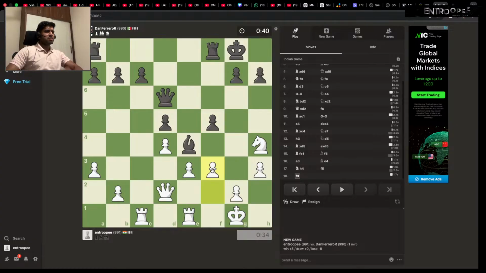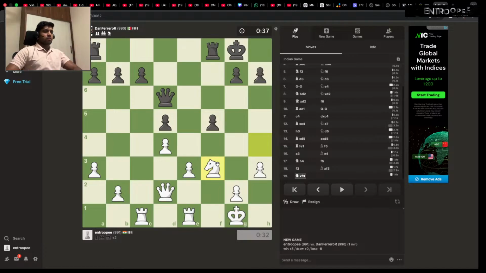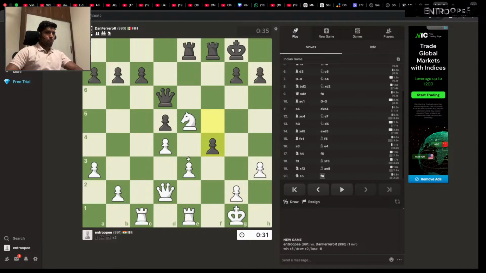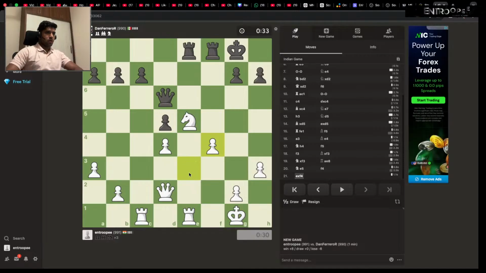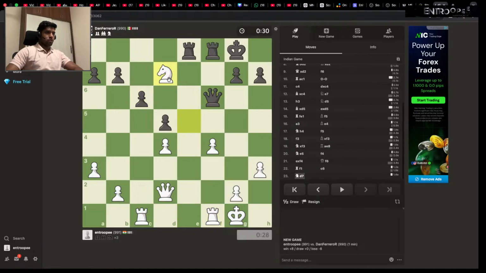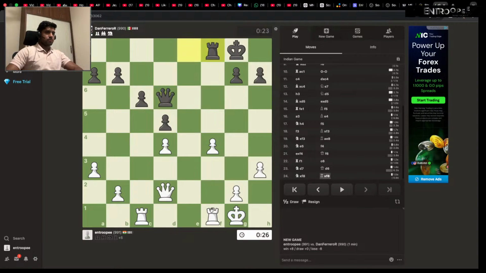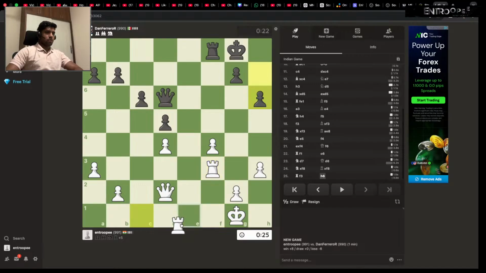Didn't he just trap it? I think so. Let's go. Okay, it's a free pawn. Uh-oh, there's a fork. Okay, we'll take the knight. Just double up our rooks and go for the king.